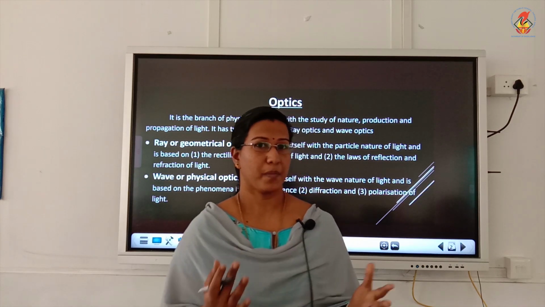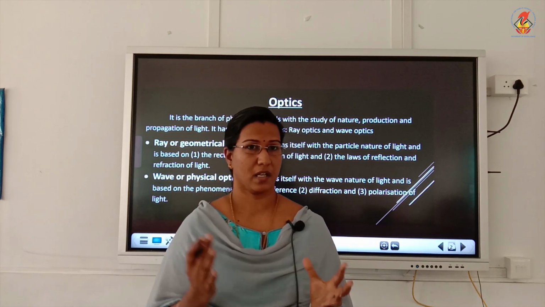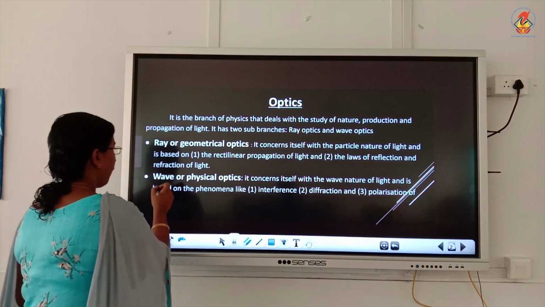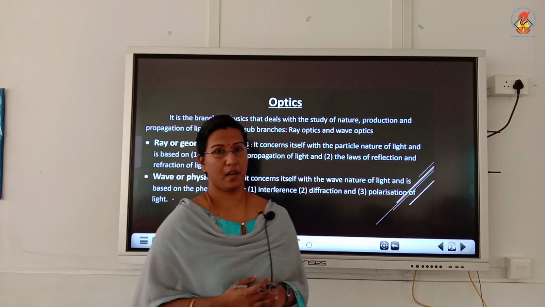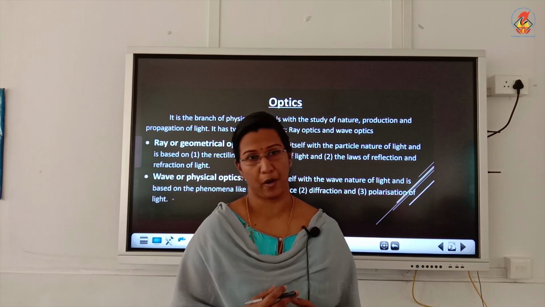So a second branch of optics was discovered, known by the name wave optics or physical optics, and it is mainly concerned with the wave nature of light. Here light is considered to be a wave, not a particle, and it is based on phenomena like interference, diffraction and polarization of light. So in this chapter we are mainly going to deal with ray optics.